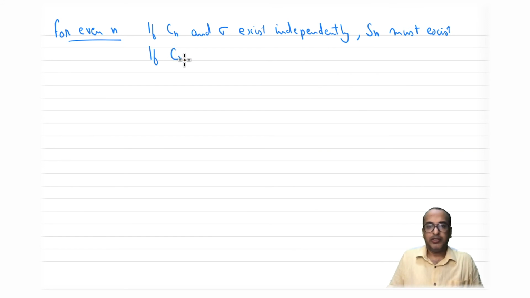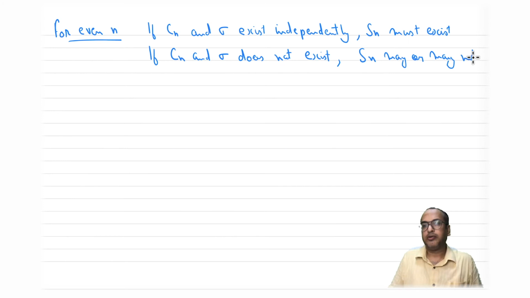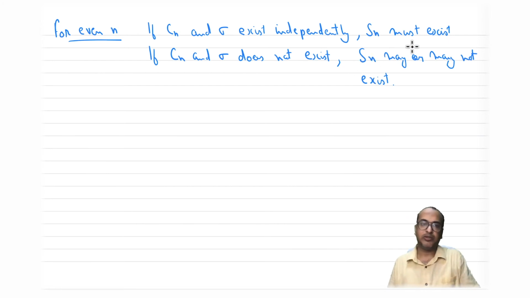If Cn and sigma do not exist, Sn may or may not exist. So we have to actually do it and test. There is no rule which says that it must exist or must not exist.